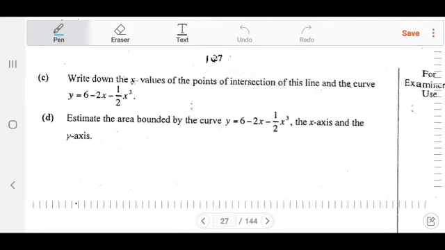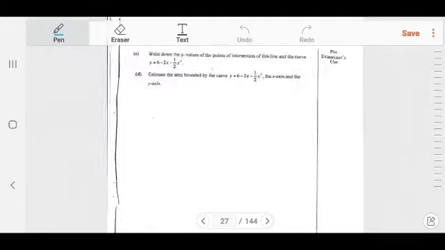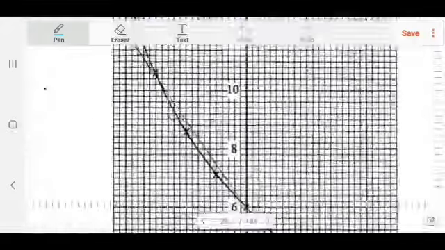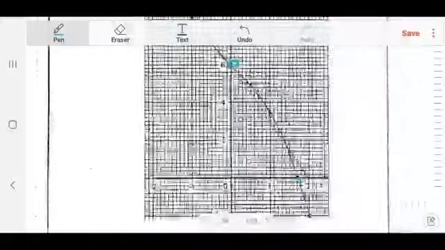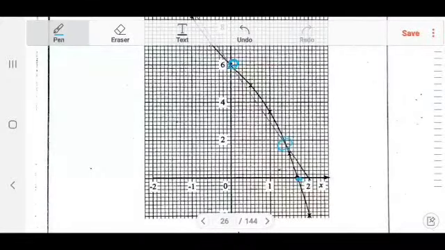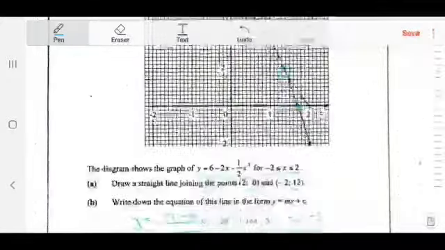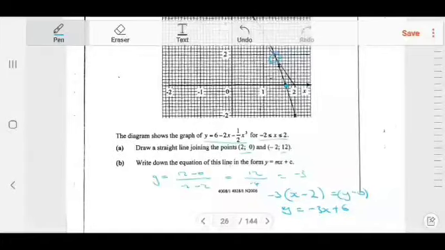Then C says write down the x values of the points of intersection of this line and the curve. Okay, so we need these points here. We need this one, and we also need this one again. So you write your points there.